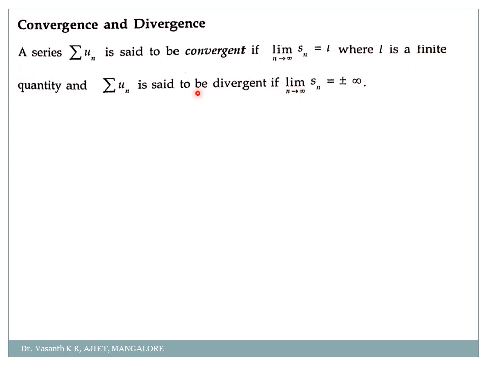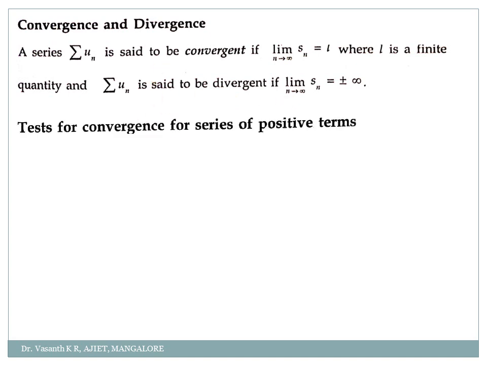And summation un is said to be divergent if the limit as n tends to infinity of Sn is equal to plus or minus infinity. So if we get plus or minus infinity, then we say the given series is divergent. Okay, convergence means we will get some finite value, divergence means you will get infinite values. This is the general definition of convergence and divergence.